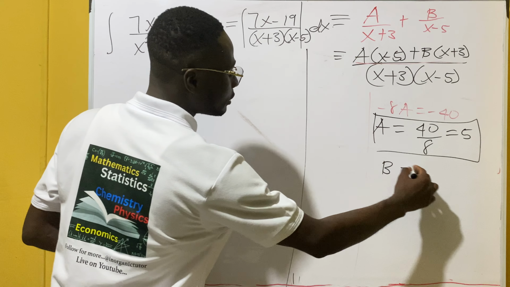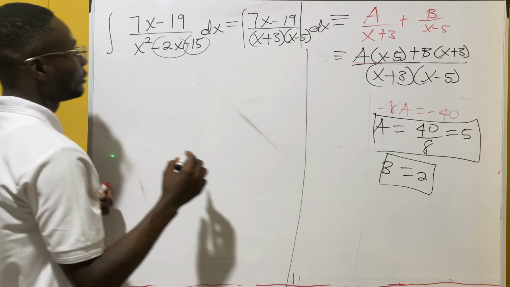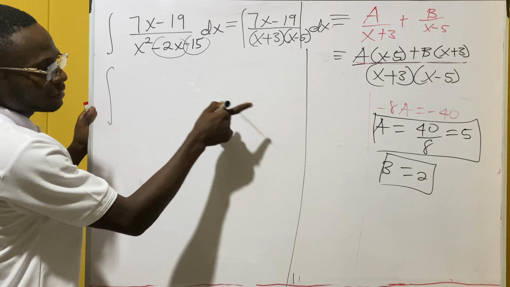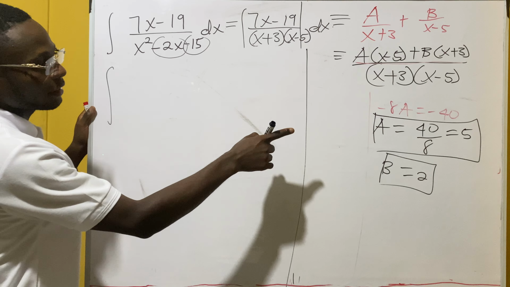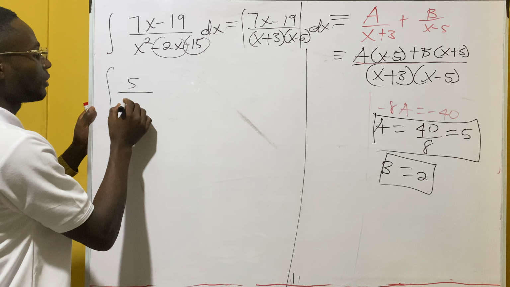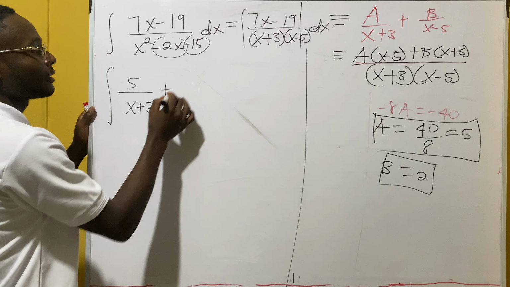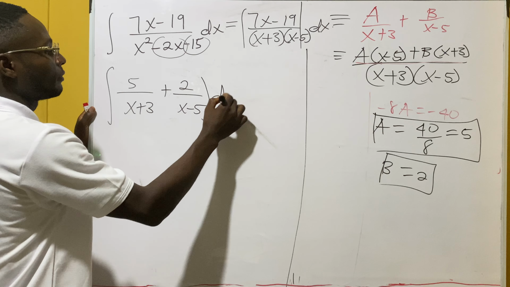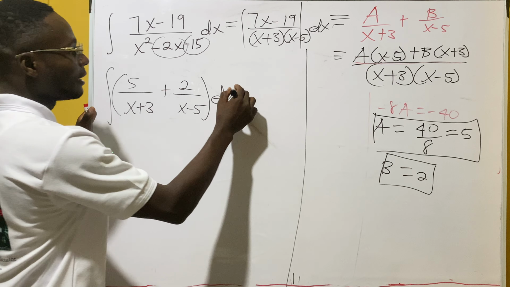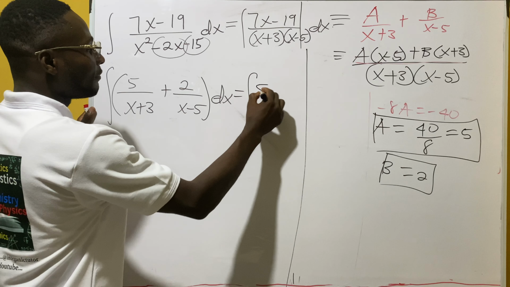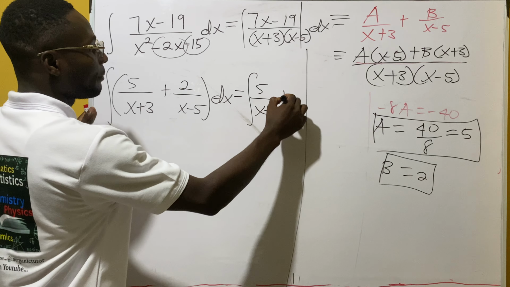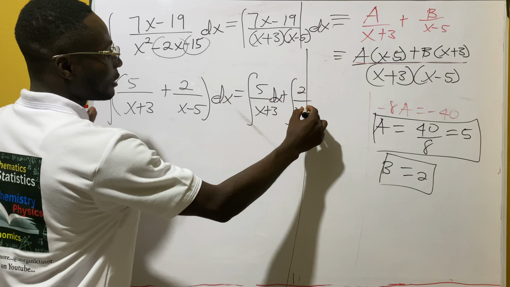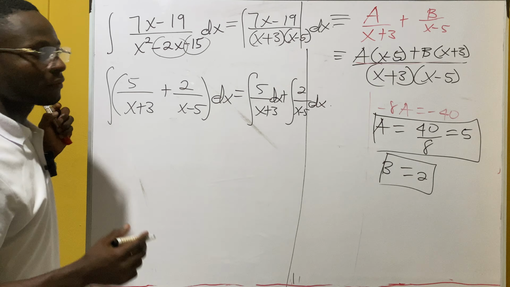Our B is 2 and our A is 5. So we have 5 on x plus 3 plus 2 on x minus 5 dx, and this is the same as 5 on x plus 3 plus 2 on x minus 5 dx.